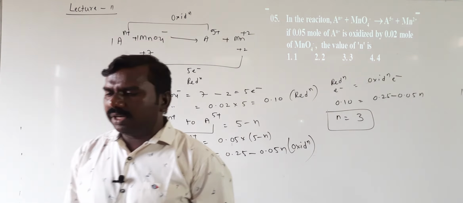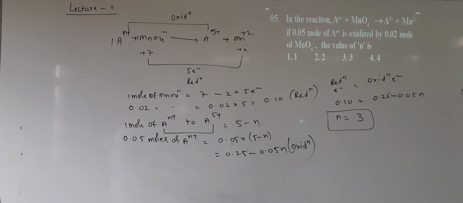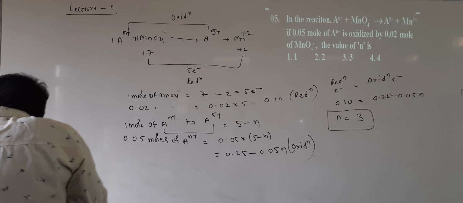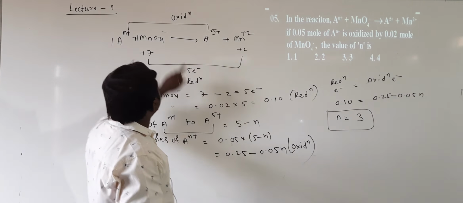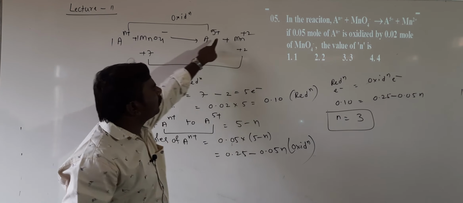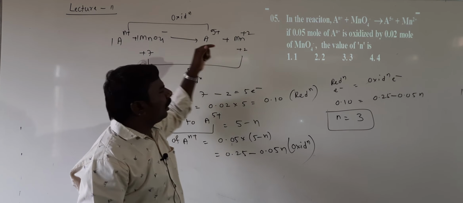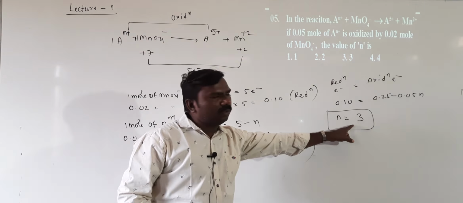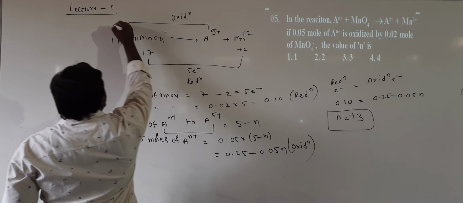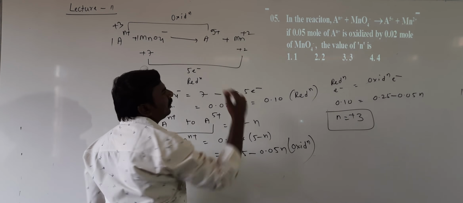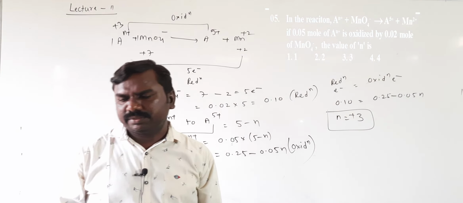Option C is correct. You will come to know your answer is right or wrong. Oxidation means low positive to high positive, so this value will be lower than +5. It means +3 to +5, an increase in oxidation state. That is why it is called oxidation.